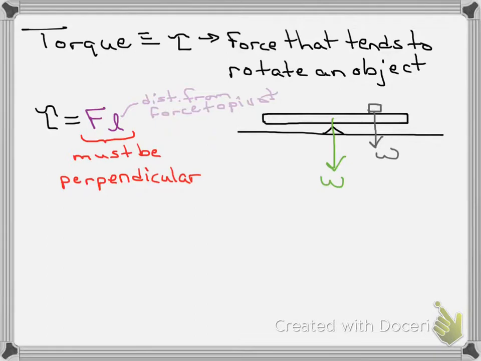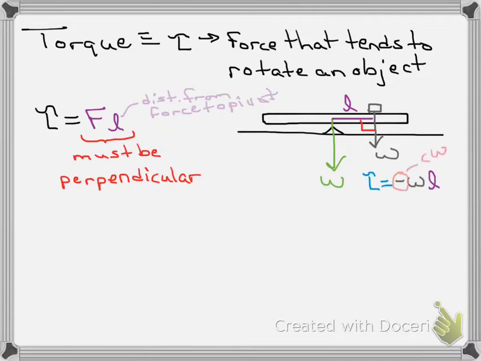There's a force from the mass acting down on the meter stick, and that force is going to tend to cause rotation. The distance is the length from the pivot point to the force, and it has to be a length that is perpendicular to the force. So you can see how the length L and the force form a nice right angle.